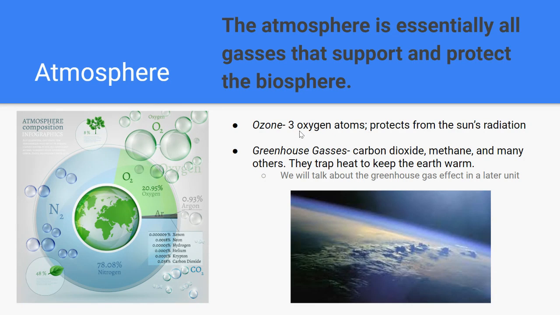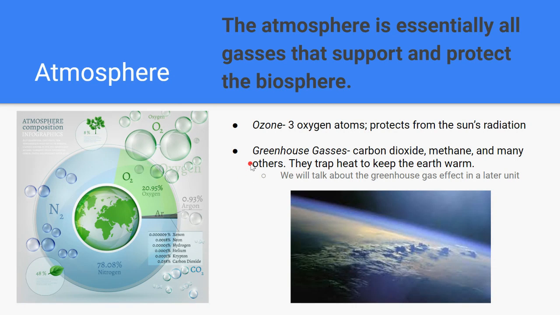Luckily, we were able to take action and stop the depletion of ozone, so we're good there, but now we have to deal with greenhouse gases.